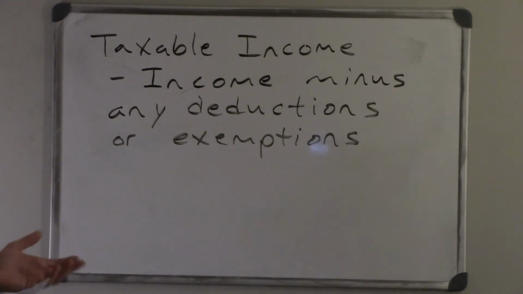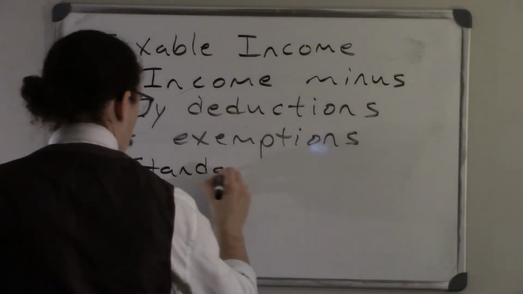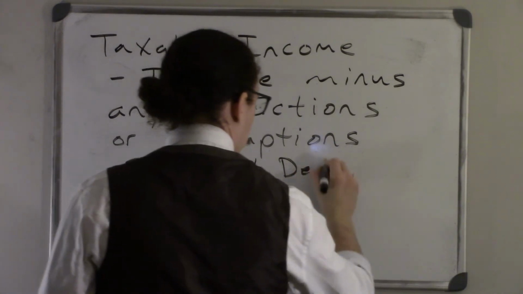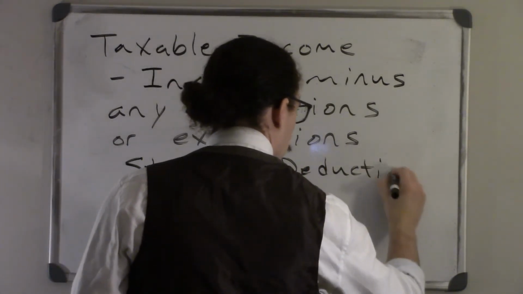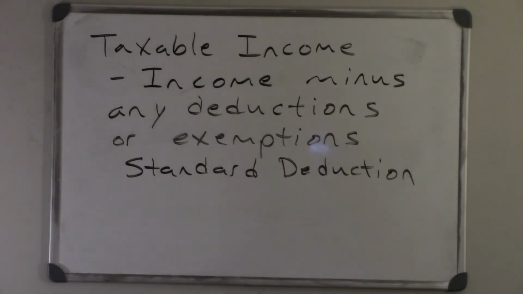All right, so there's a myriad of deductions and exemptions that are out there. We're not going to go through all of them. I will mention the standard deduction. So in most cases, you can do an itemized deduction.